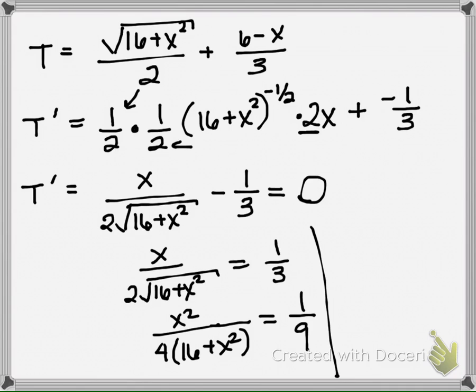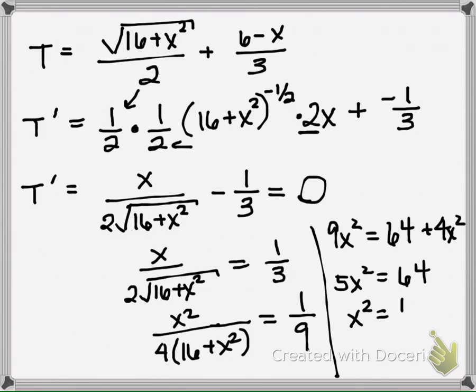Multiply both sides by the denominators. We get 9x squared equals, and multiply through by that 4, 64 plus 4x squared. And so 5x squared equals 64. And x squared equals 64 over 5.